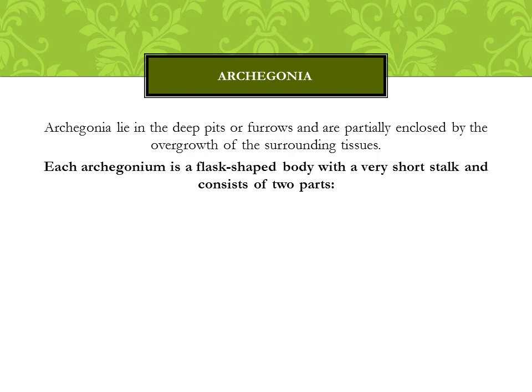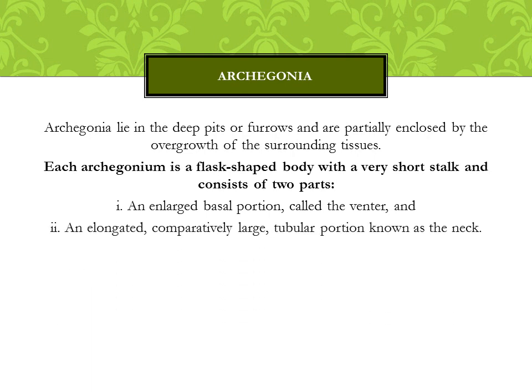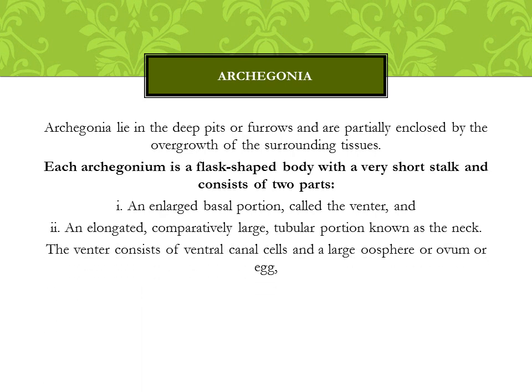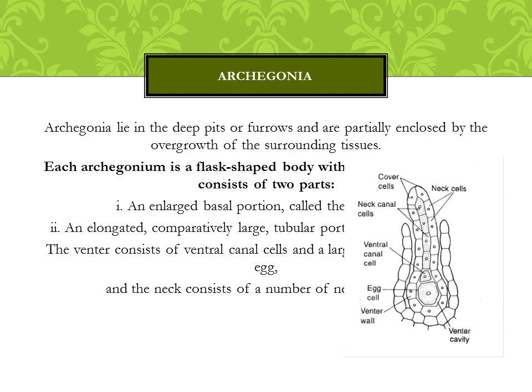Each archegonium is a flask-shaped structure with a very short stalk and consists of two parts. Number one, an elongated basal portion which is called the venter, and an elongated, comparatively large tubular portion called the neck.